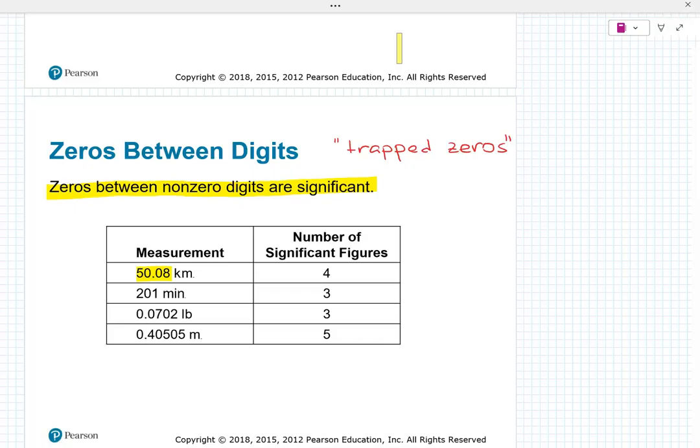So they count as significant figures. This 0 is trapped. Now, in the third example, only 1 0 is trapped. We're going to talk about why those don't matter. Okay? And in this number, 2 zeros that are trapped between 4 and 5, and then 5 and 5 are also significant.